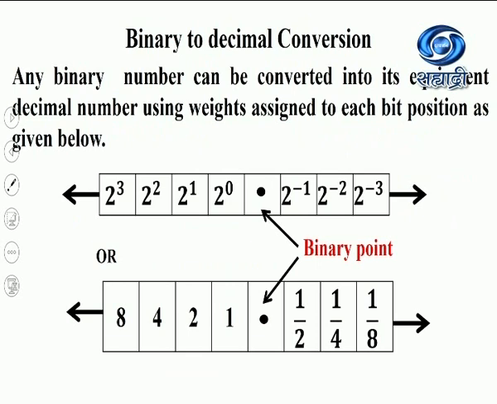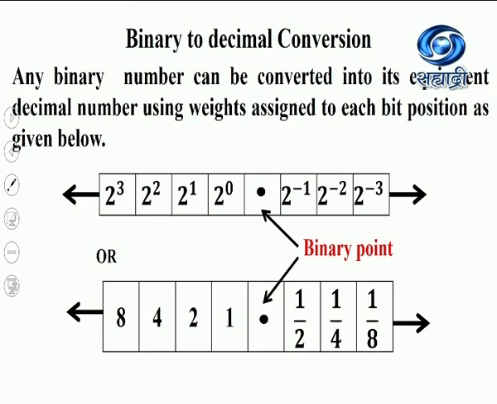A binary number can be converted into its equivalent decimal number using weights assigned to each bit position as given below. So in the given table, if you see carefully, the powers of 2 go on decreasing by 1 to the right from the binary point. And from the binary point, if you go left side, then powers of 2 are going to increase positively by 1.